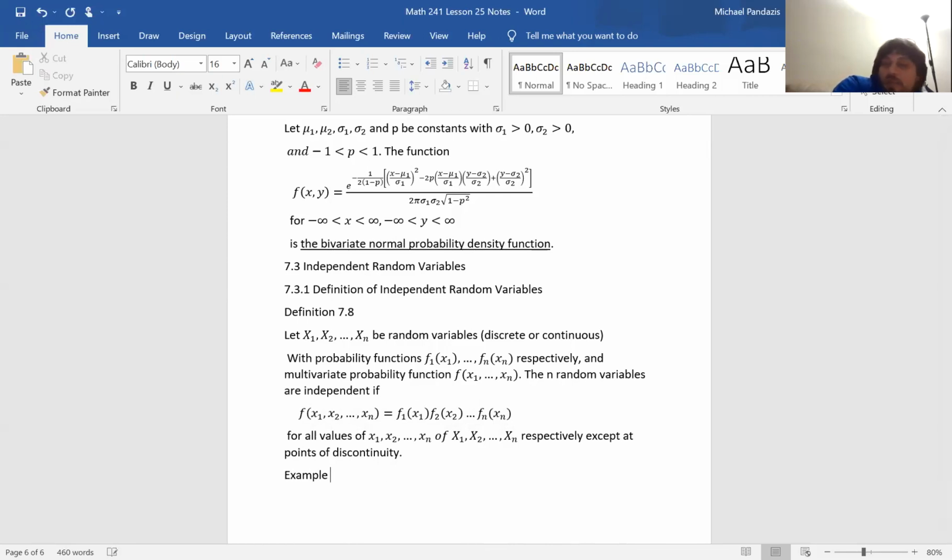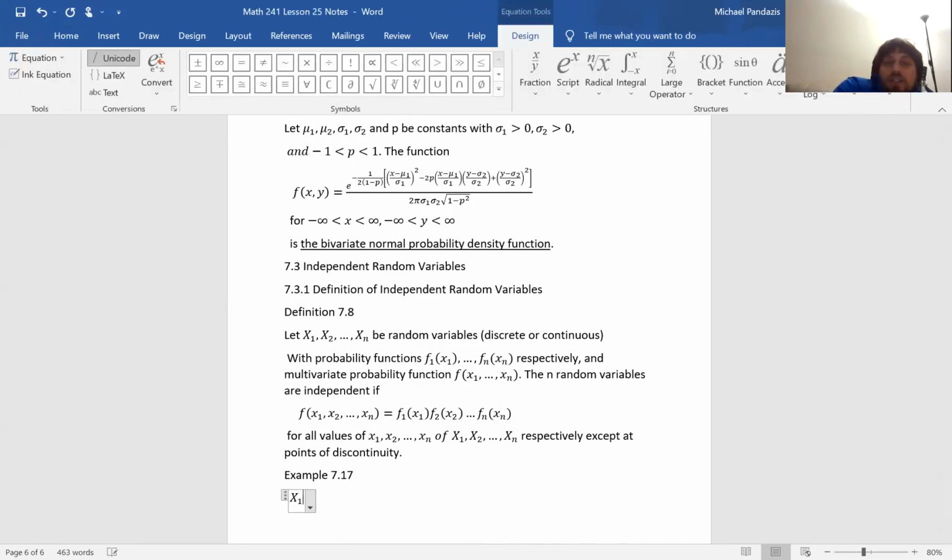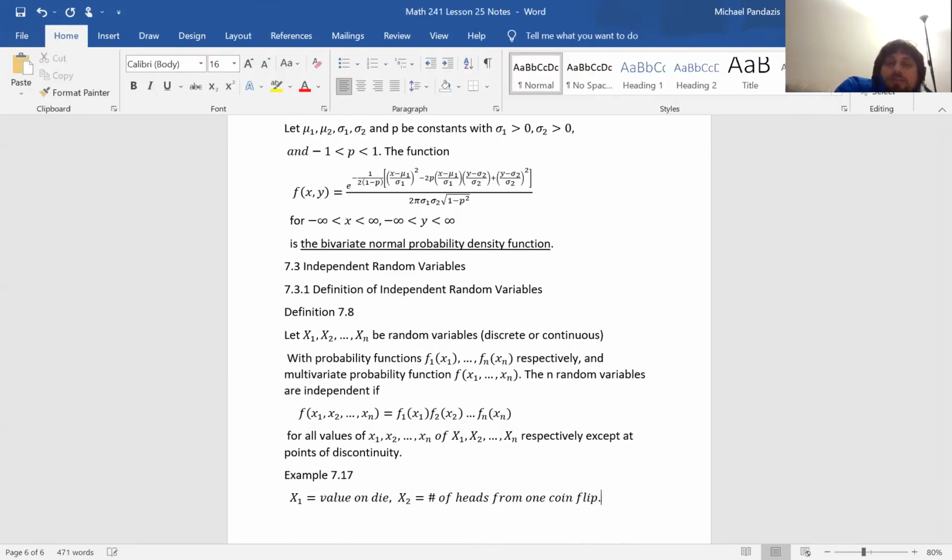All right, example 7.17. Let's make x1 the value on the die. So you roll a six-sided die, and x1 is the value on that die. x2 is the number of heads from one coin flip. So that's x1 and x2.